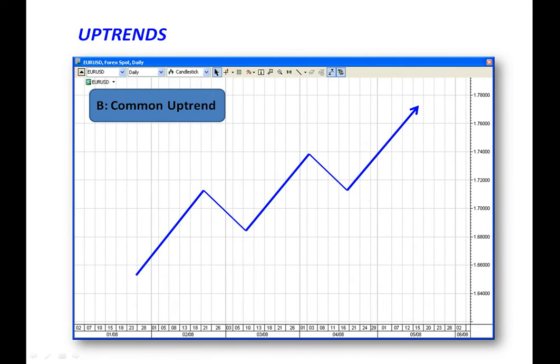Next, a common uptrend. For a common uptrend, again you will see the uptrend is followed by high, the first low, higher high, and a higher low. The high to the higher low is commonly seen as about the same price.